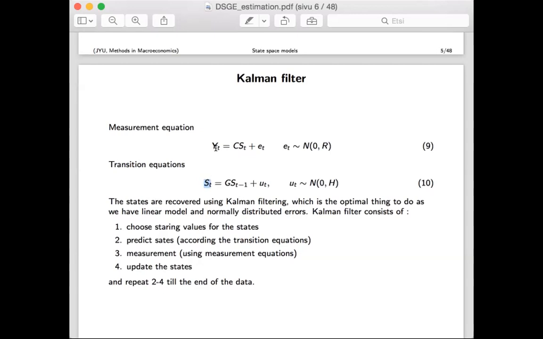And then we use the measurement equation to see how our forecast matches with observed data. And then we can update our guesses for these states. And then we do this until the end of the data.